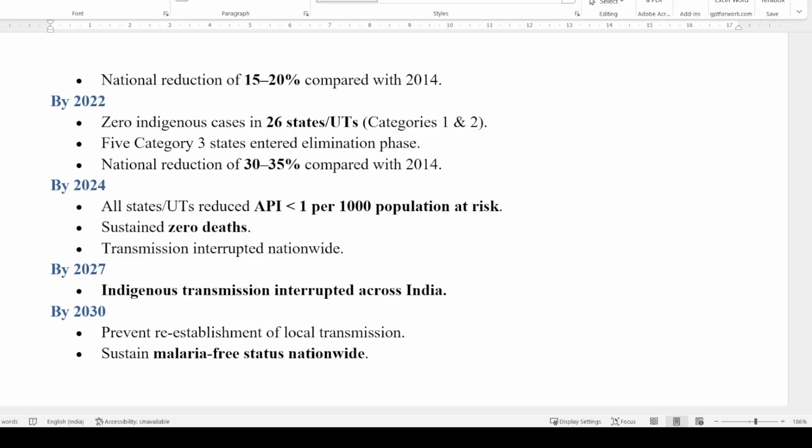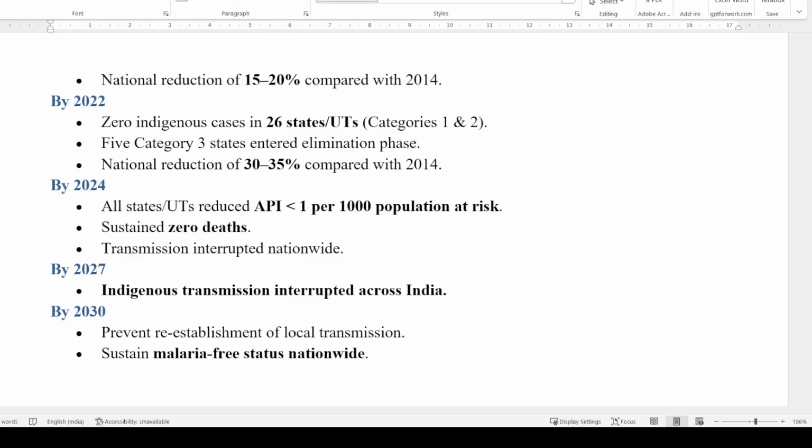By 2024, all states and UTs reduced the API to less than 1 per 1000 population at risk, with sustained zero deaths, and transmission was interrupted nationwide. By 2027, the target is to have indigenous transmission interrupted across India, and by 2030, we should have malaria-free status nationwide.